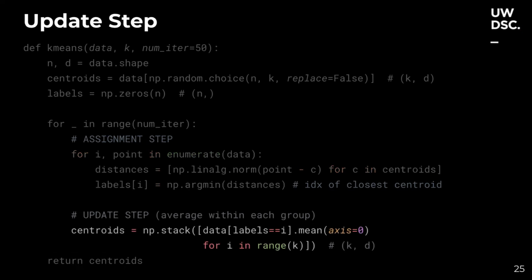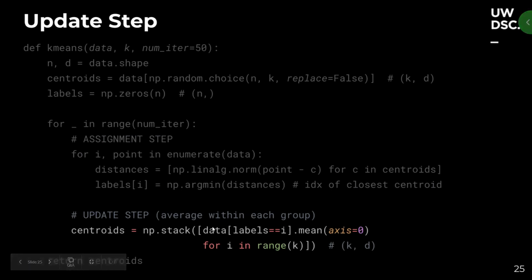Basically, the final step is the update step, where we update the centroids to the averages as we iterate through. This is a little bit more complicated. For those who have used NumPy, you know that this syntax is called Boolean indexing. This expression is going to be false wherever the label isn't equal to i. For example, on the first iteration, where the label is 0, we're taking all the data points that belong to that particular label.